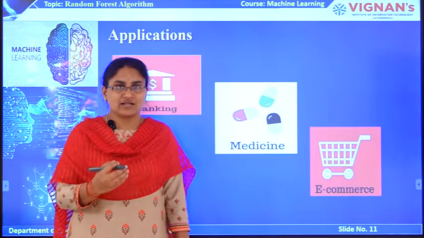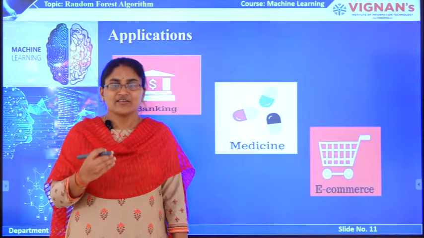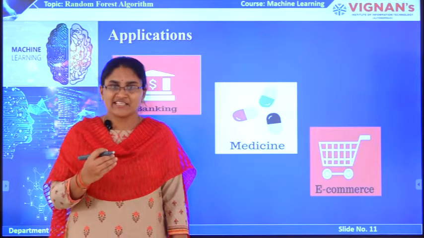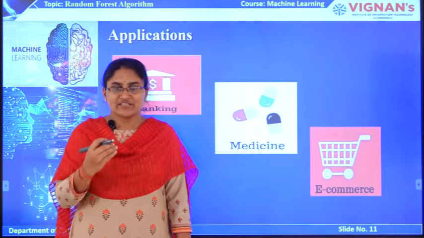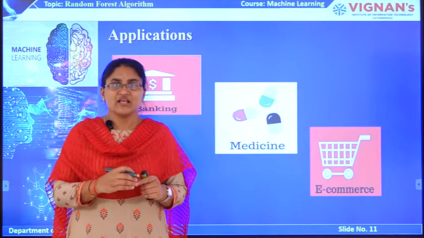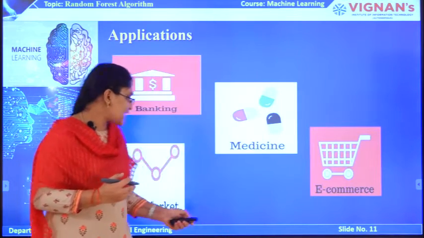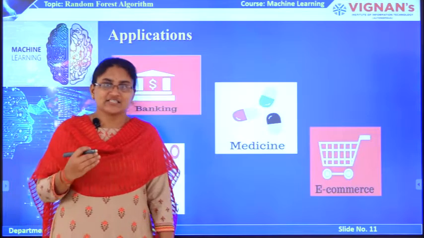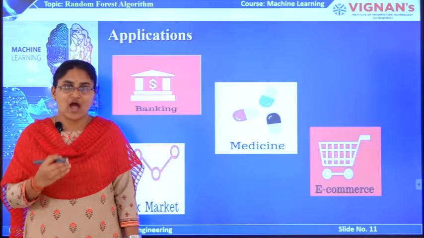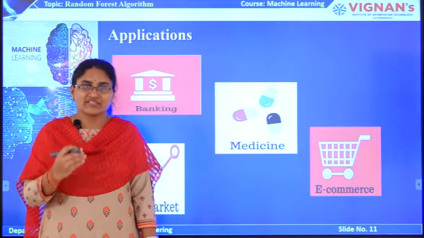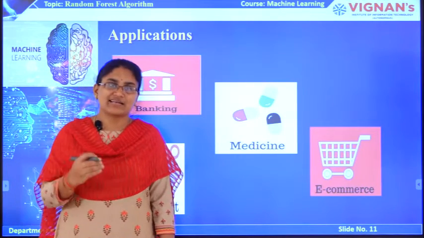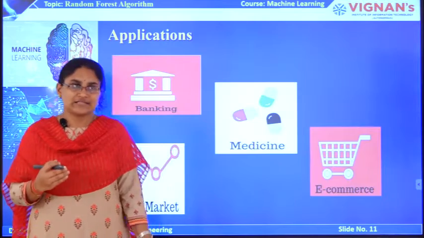In e-commerce, the random forest algorithm is used for identification of customer behavior and recommended products, found based on the experience of similar customers. The next application is the stock market. In the stock market, the random forest is used to identify stock behavior and also gives the expected profit or loss of that particular day's stock sales.